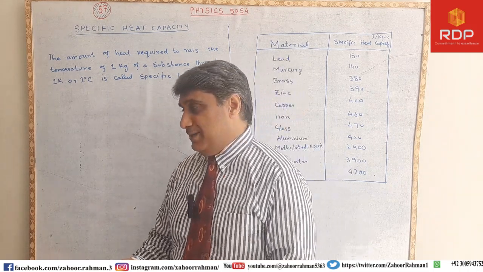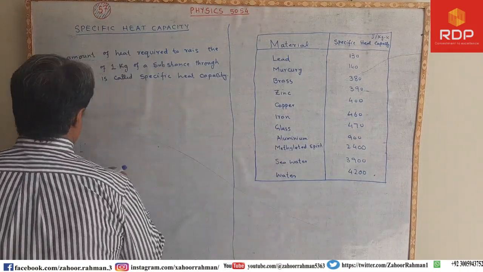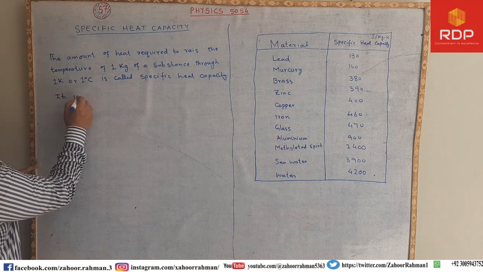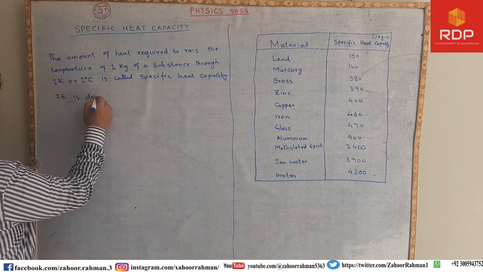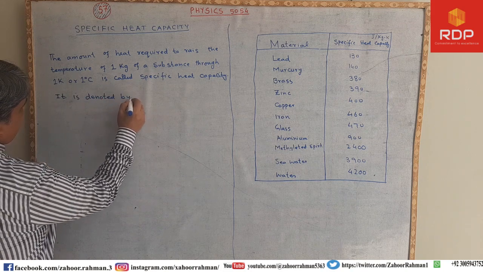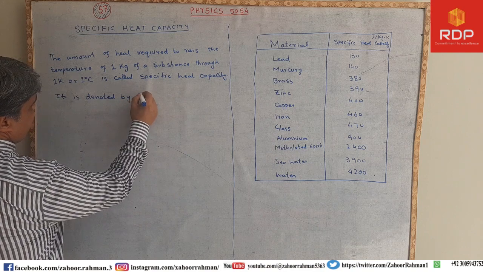The second difference is that specific heat capacity is denoted by small c.